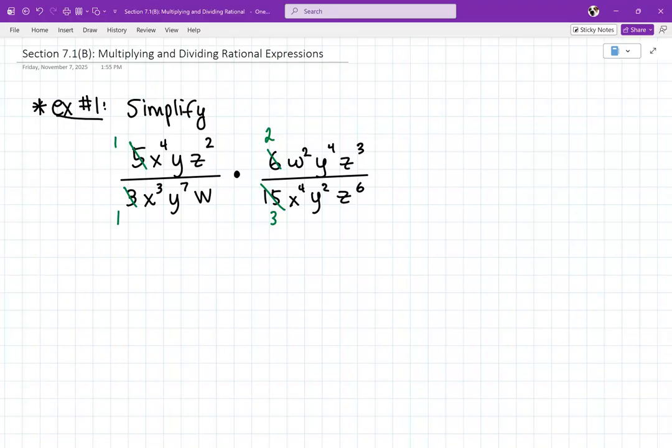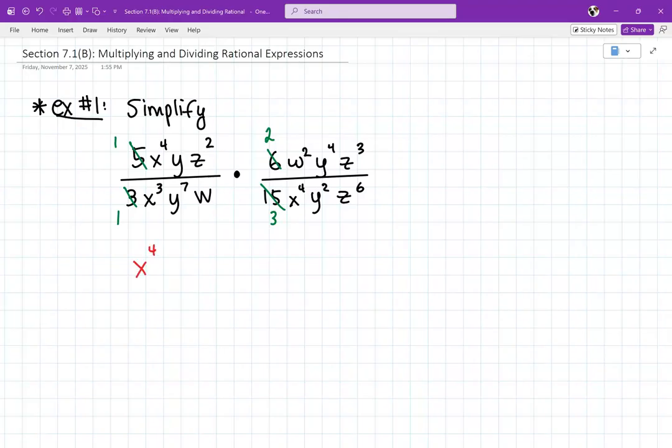Now I'm going to rewrite the problem. I apologize if this is too many steps. I'm just trying my best to not lose anybody. So here we go. Now the 1, see how that 5 became a 1? I'm not going to write it anymore. It's just a 1, so who cares?